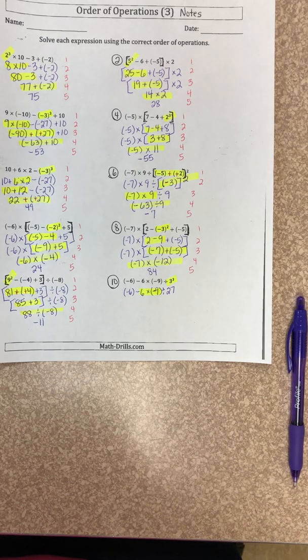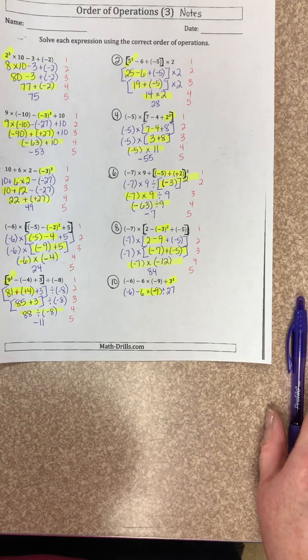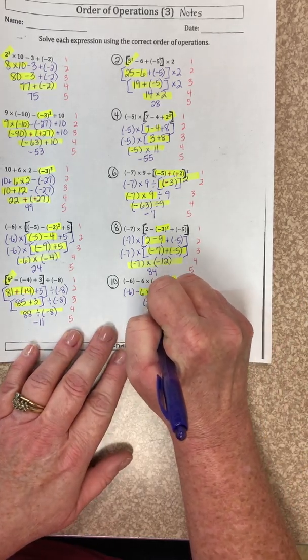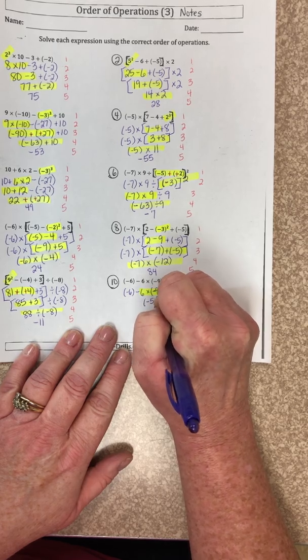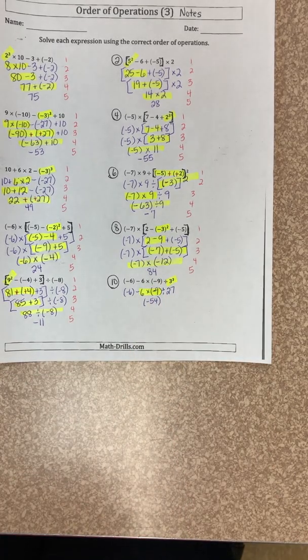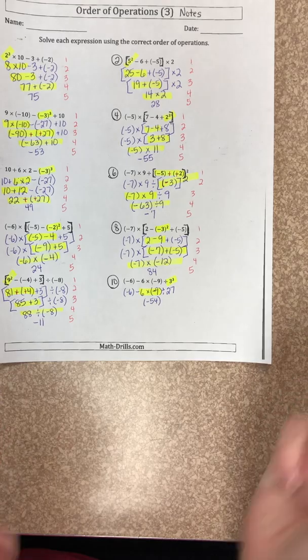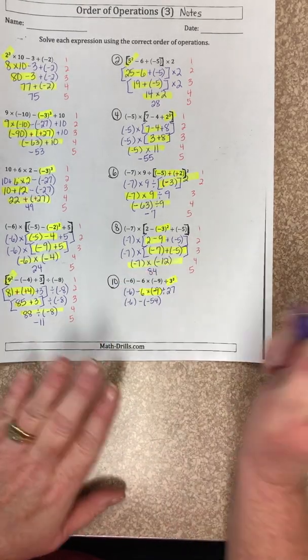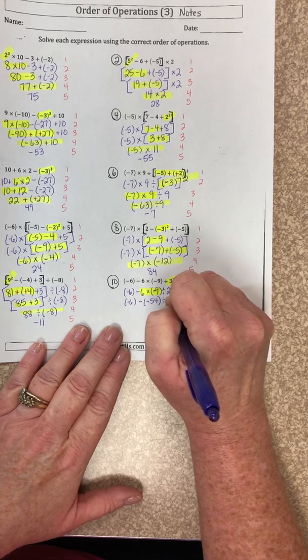Well, 6 times negative 9, isn't that a negative 54? So I'm going to put in parentheses negative 54. And bring everything else down. So that's the minus sign, the negative 6, and division of 27.